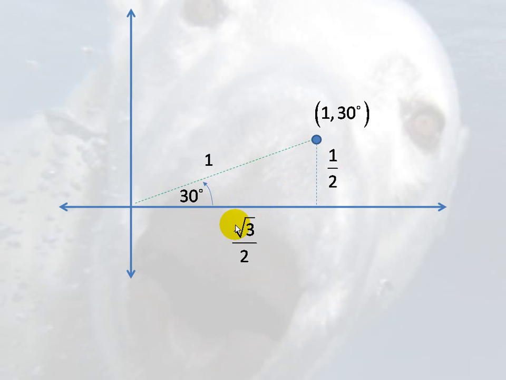So look, we have the x and the y, the rectangular coordinates for this point. The x is here, square root of 3 over 2, and the y is here. So what we have done is we've started off with the polar coordinates, and we found the rectangular coordinates. That's what we want to do with this segment here. We want to be able to convert back and forth.